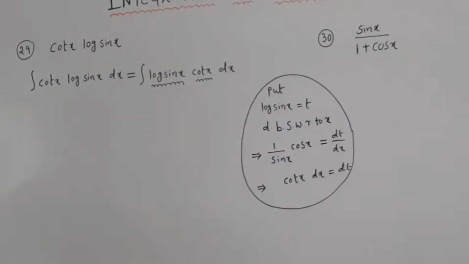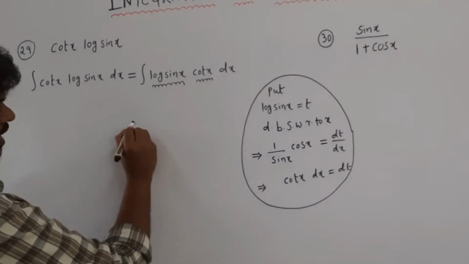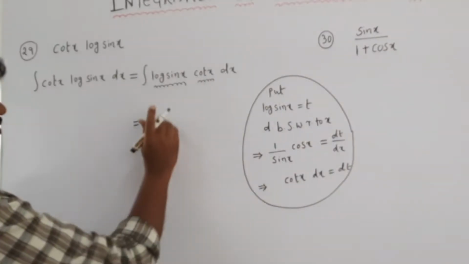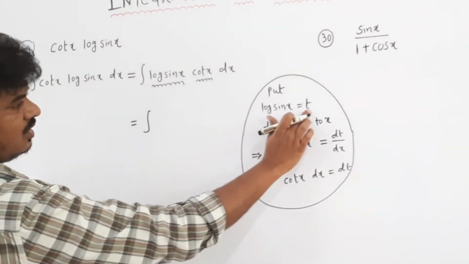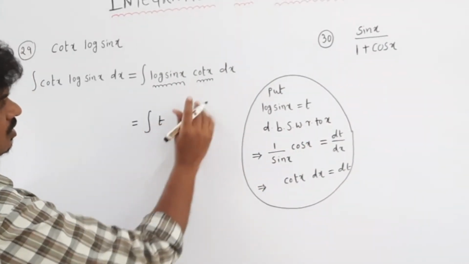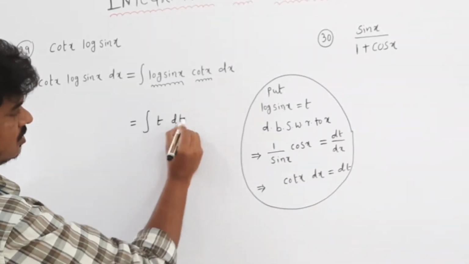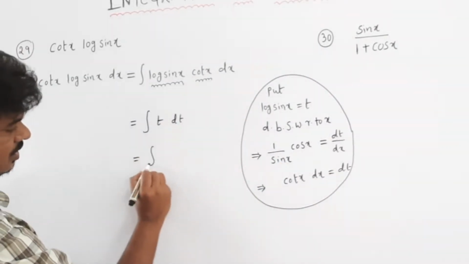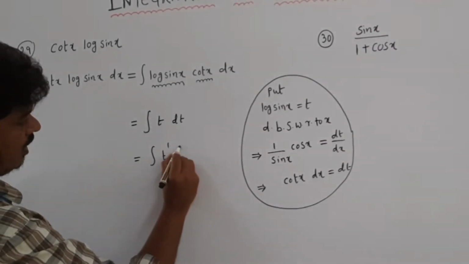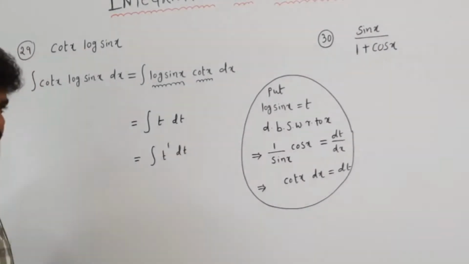Now this will be written as the integral of log of sin x means t, cot x dx means dt. It is just like the integral of x to the power of n dx.